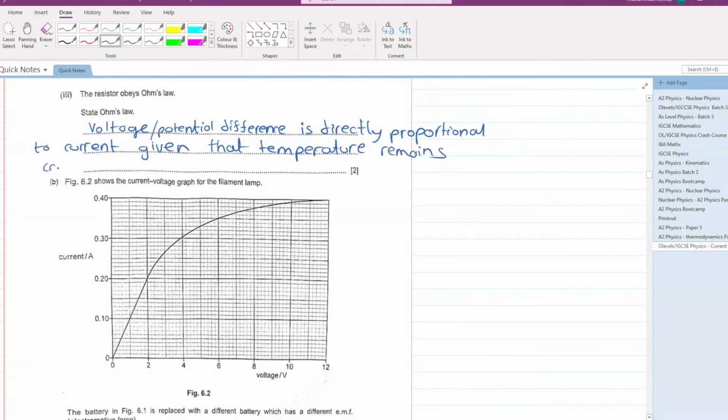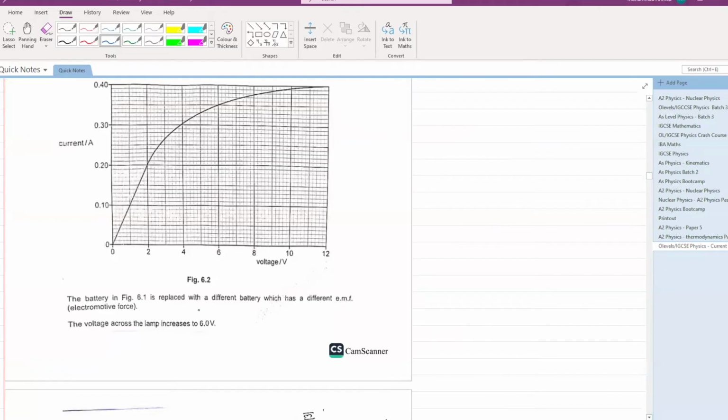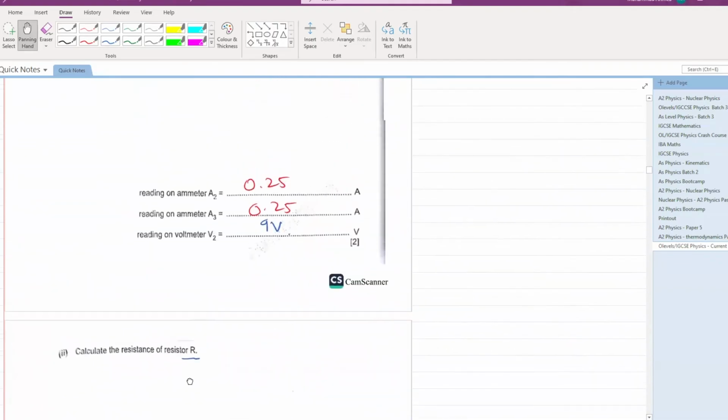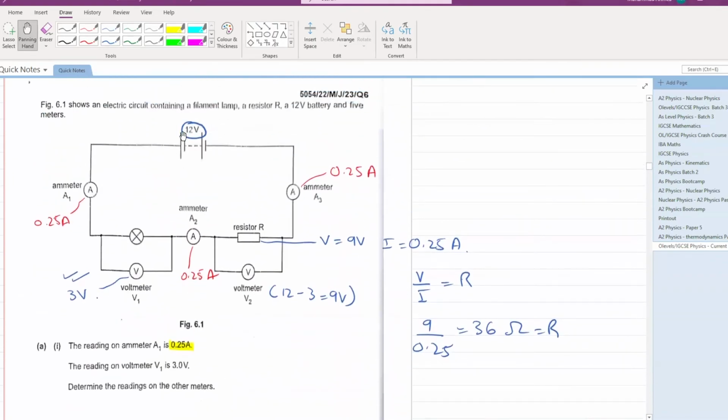Okay. Figure 6.2 shows the current voltage graph for the filament lamp. The battery in figure 6.1 is replaced with a different battery which has a different electromotive force. The voltage across the lamp increases to 6 volts. So we have replaced this battery with another battery.